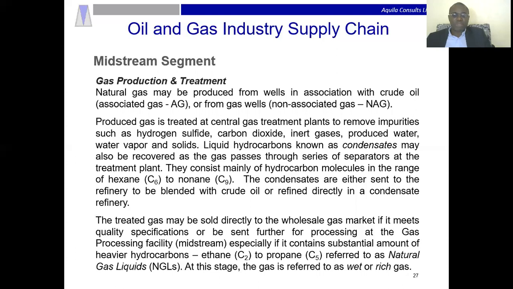What we actually know as natural gas is methane, that's C1. That is the pure natural gas, but most times it's in a mixture with other gases. These other gases, from ethane to propane, are known as natural gas liquids. If the gas, after extraction of condensate, contains both methane and ethane to propane, it is known at this stage as wet or rich gas.